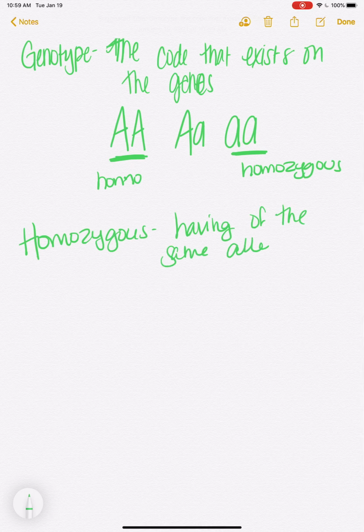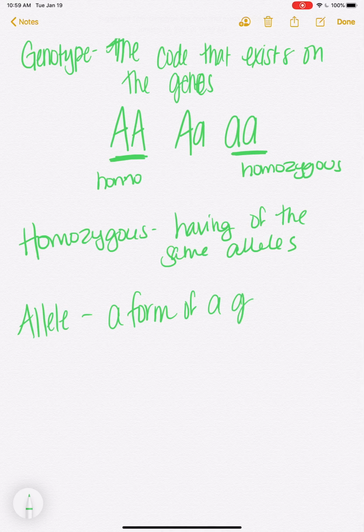Now you're like, what is an allele, Miss Brown? An allele is a form of a gene. It's a variant. So you can have an allele for, let's say, rolling your tongue.